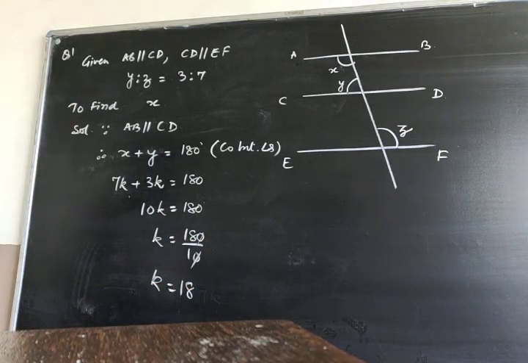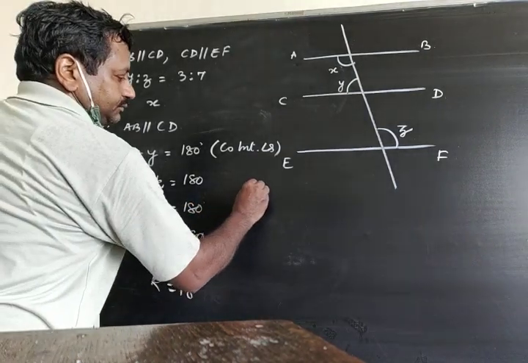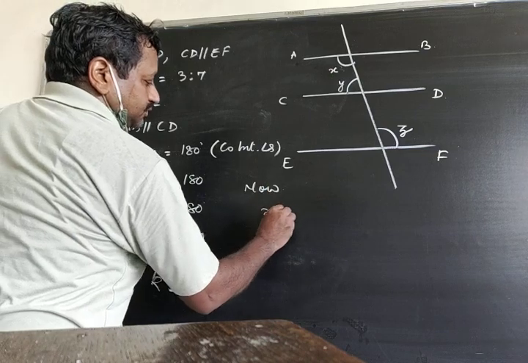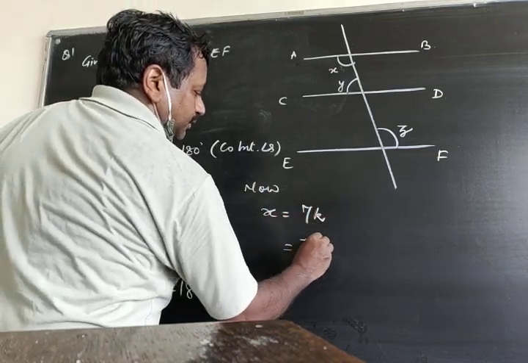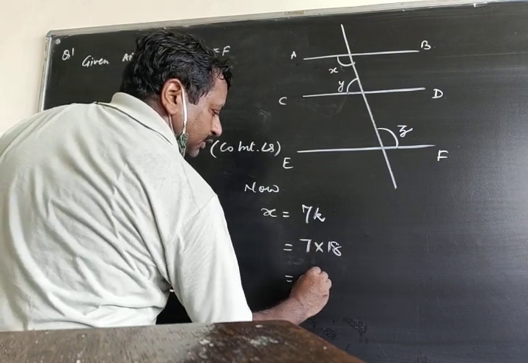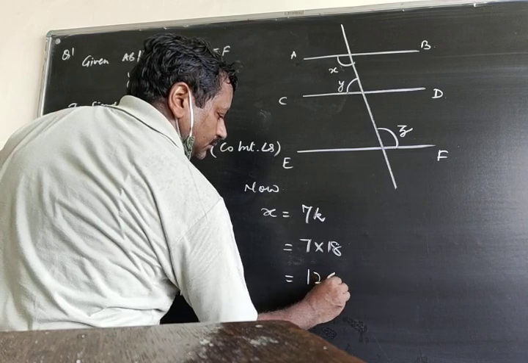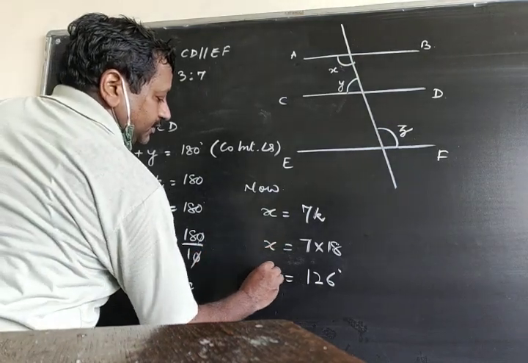So the value of k is 18 and the value of x, which is equal to 7k, will be equal to 7 into 18, which is 126. So the value of x is 126 degrees.